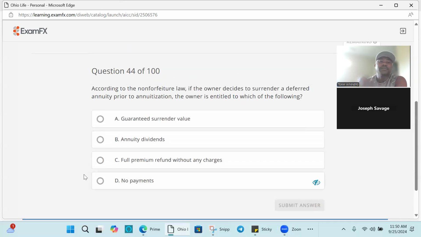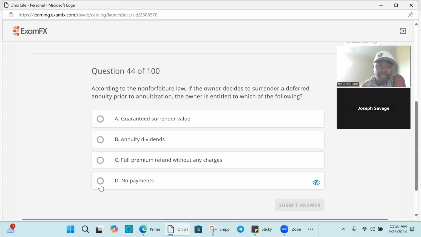According to the non-forfeiture law, if the owner decides to surrender a deferred annuity prior to annuitization, which we talked about, the owner is entitled to which of the following?